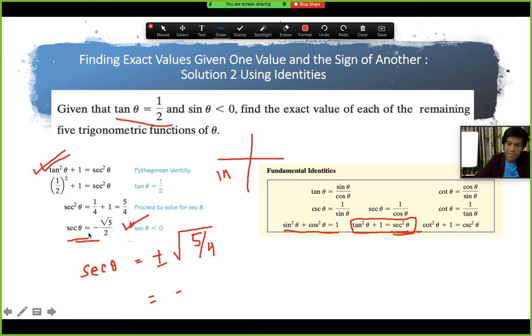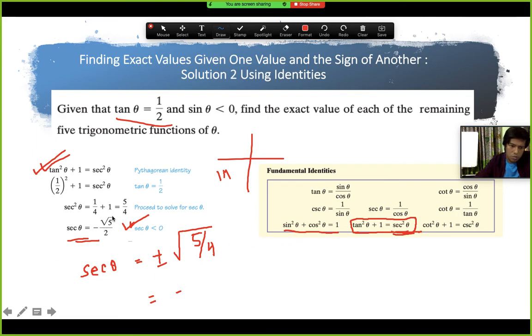So now you have the sec theta value, and also in the question the tan theta value is given. By using these formulas, you can find out all the remaining ones. How can we find them?